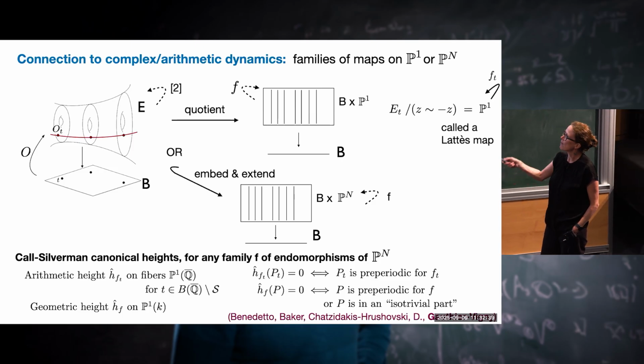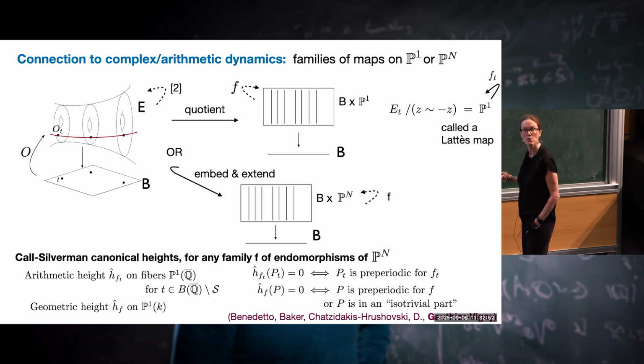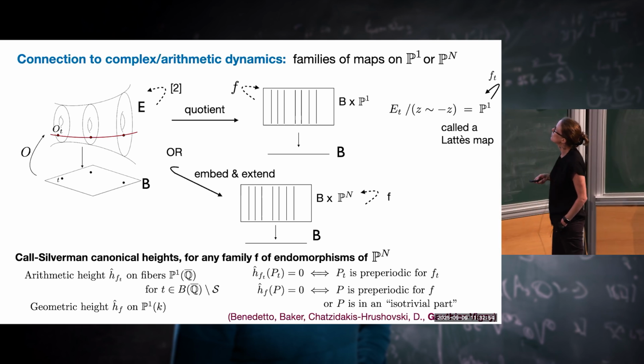And similarly, you have an arithmetic height on each of the fibers, where let's say we have good reduction, and then the corresponding geometric height, viewing it as one map over a function field.